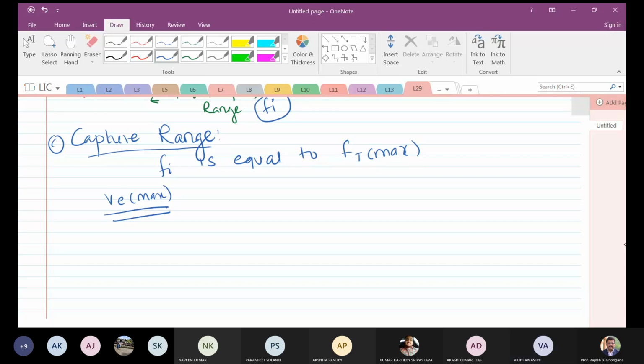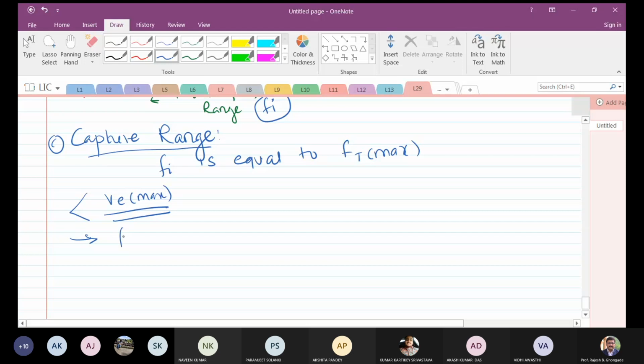And since Fi and FO are not the same initially, the phase difference is constantly changing. Mark the importance over here. Fi and FO are not the same initially. The phase difference is constantly changing. Therefore, the error voltage will always be less than VE max. Is it making sense?